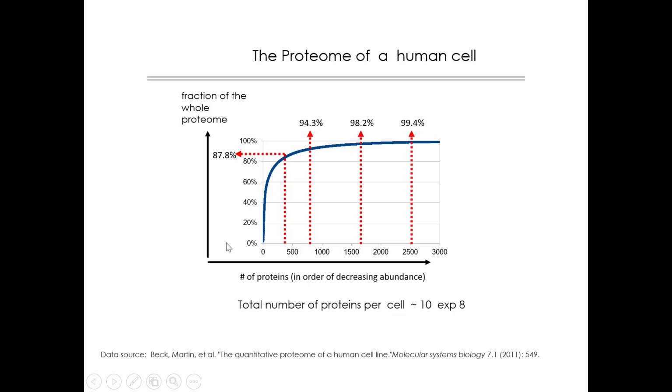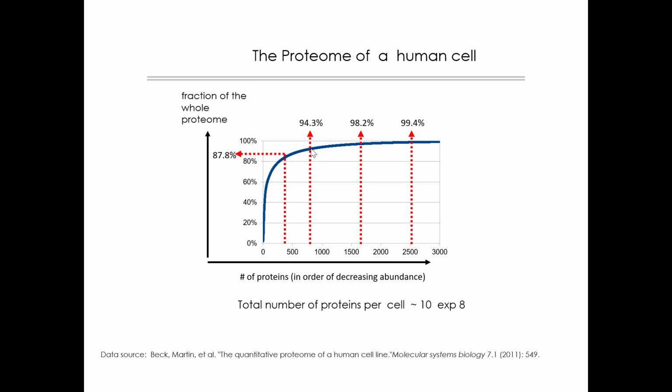On the y-axis is the total protein mass that we think is in a cell, not the number of proteins, and on the x-axis is the number of proteins that would be needed to cover these respective total protein mass values. So what I'm saying here is, the top 1,000 proteins of a cell will constitute about 94% of the total protein mass.